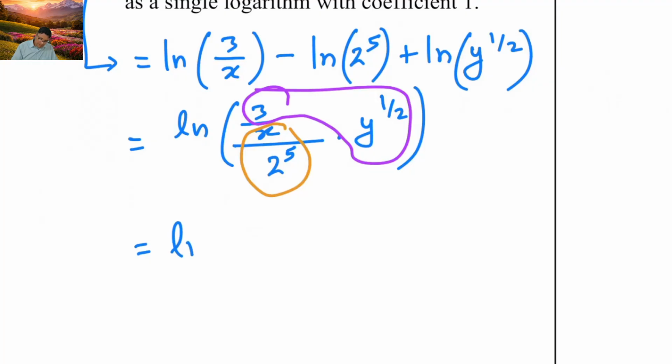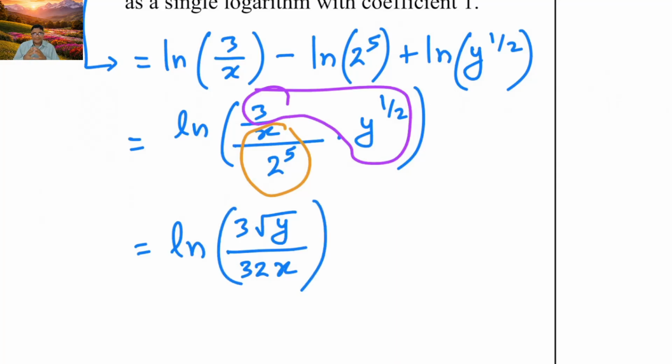So that will be ln 3 y to the half, I'm going to write as root y. That looks easier for me. Divided by 2 to the power 5 is 32 times x. That's easier. Good, right? This looks better. A single neat expression.